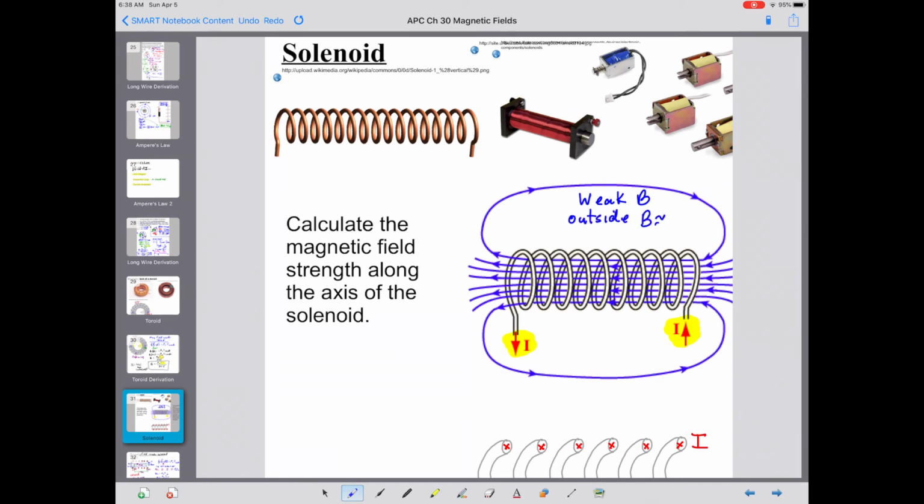So outside, we will oftentimes approximate that magnetic field to be 0, and we'll call that the ideal situation where all the field is inside. In a larger sense, if you have ever had an MRI, then that tube that they put you inside of is a solenoid. So in an MRI, you're placed in a very strong magnetic field of known value, and it's of known value because you're inside of a solenoid.